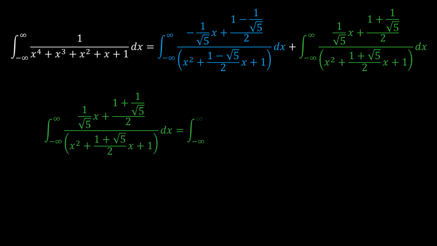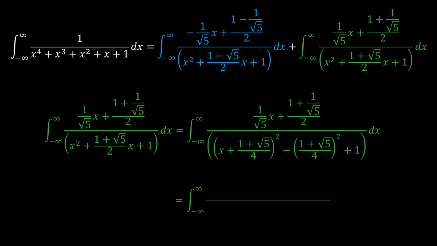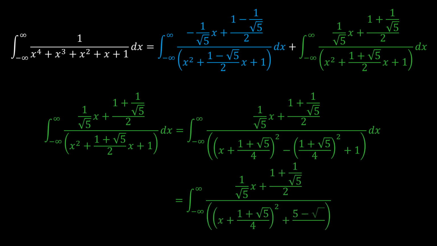First, we want to create a perfect square involving the x term, and how we do that is the same way, where we do x plus 1 plus root 5 over 4 squared, and then we subtract the square of this term here. And that simplifies: 1 minus the square of 1 plus root 5 over 4 simplifies into 5 minus root 5 over 8.